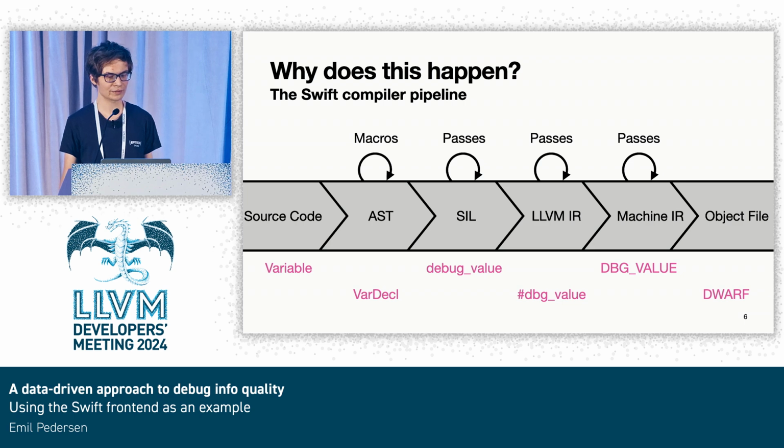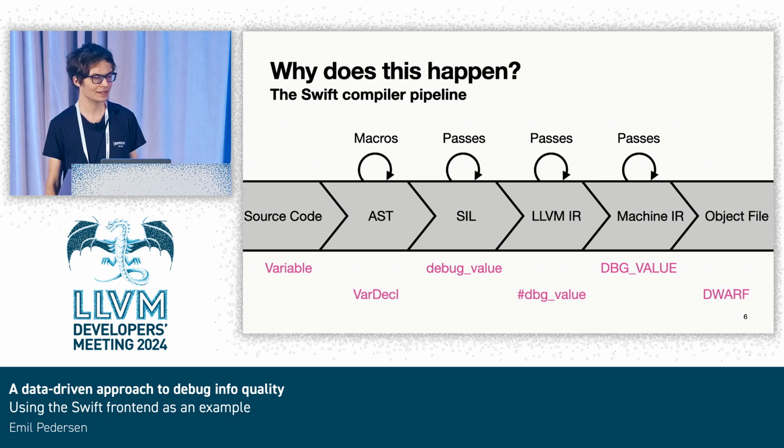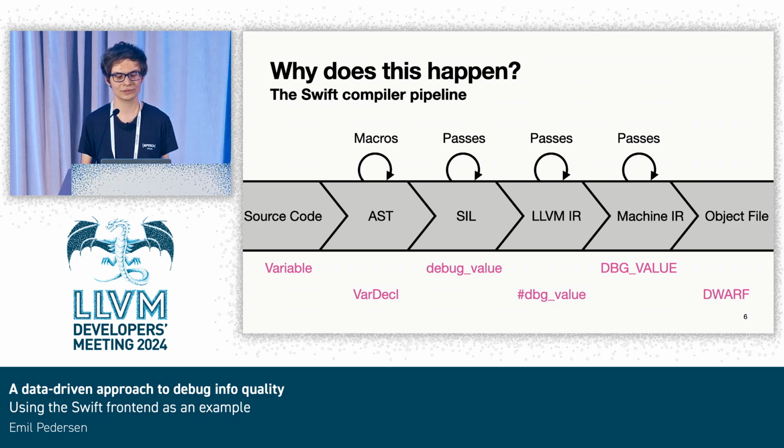And the debug info representation is different for each stage. So when lowering to the next stage, we can lose debug information, and at each transformation within stages, like optimization passes, we can lose debug information.